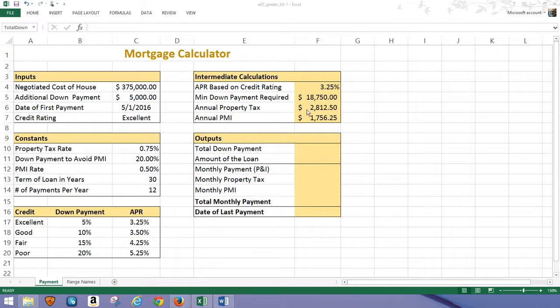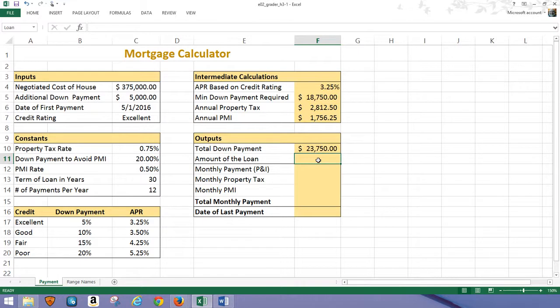Now, I'm not sure why they're doing it this way, but we just did this total down payment. It was in the formula we had up here: minimum down plus additional down. So this is fairly easy to calculate. Just put an equal sign, and the minimum down payment required, and then the plus sign, and then the additional down, and we hit enter.